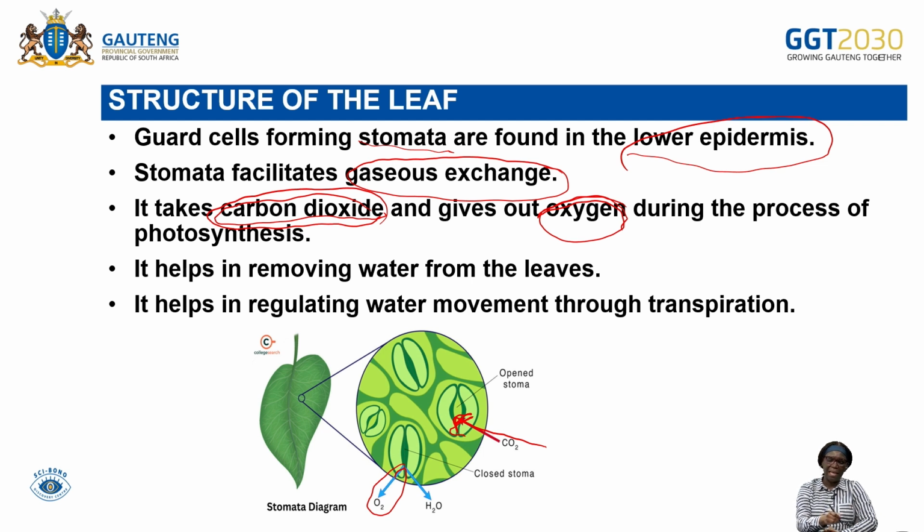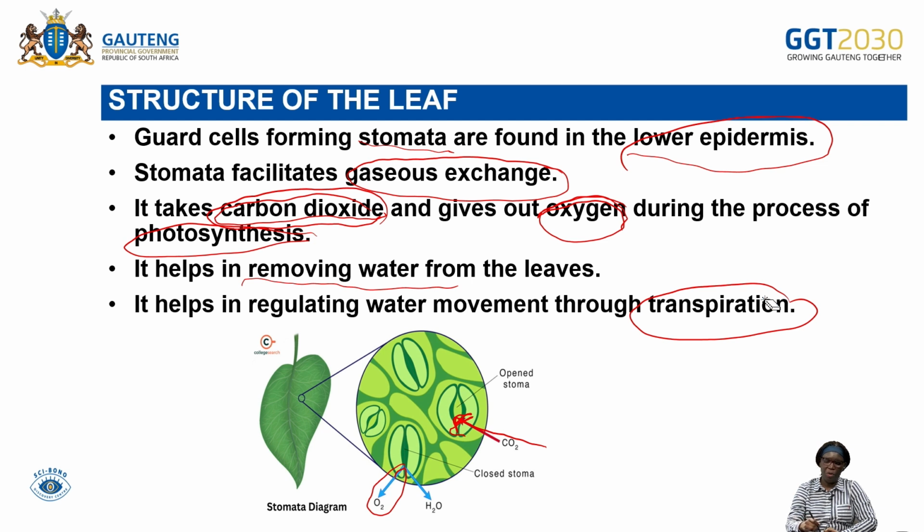Hence, we say it takes carbon dioxide and gives out oxygen during the process of photosynthesis. And also, the stomata helps in removing water from the leaf and in regulating water movement through the process known as transpiration.